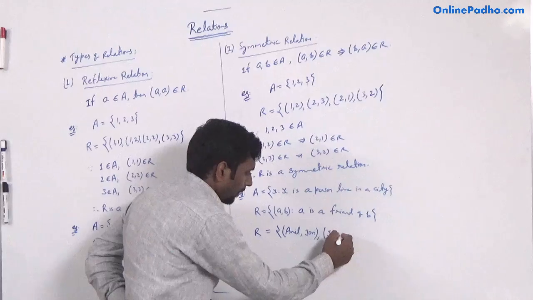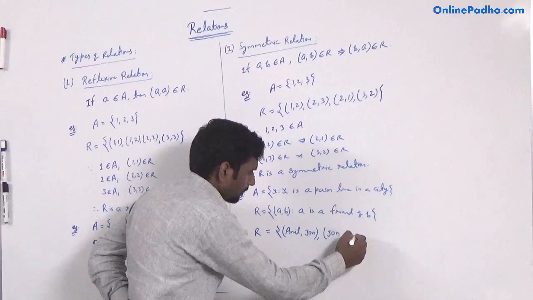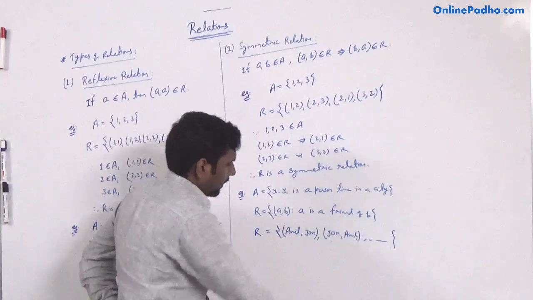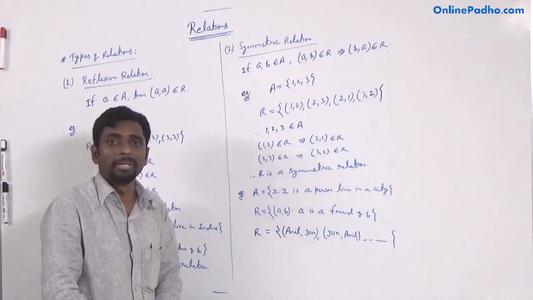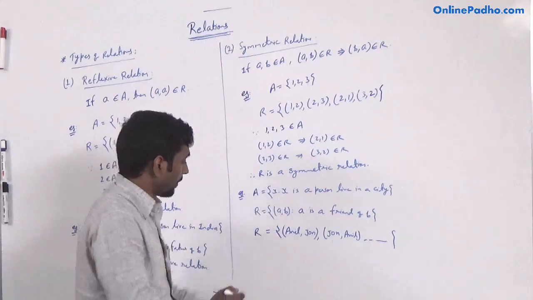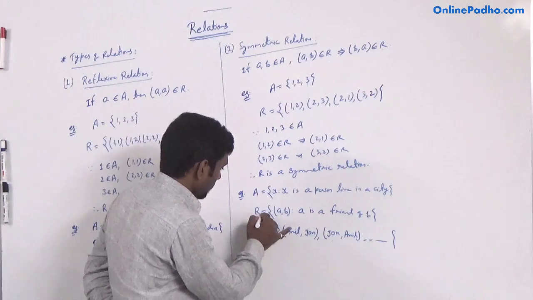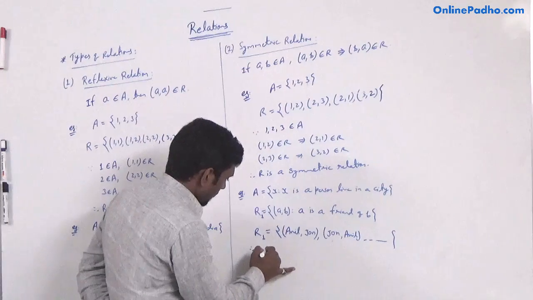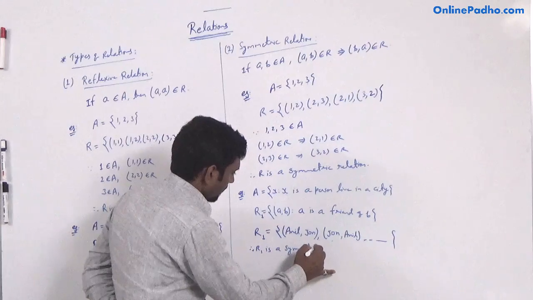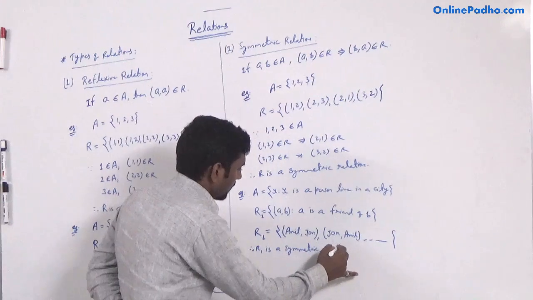Yes, these are also friends. Both are satisfied in this relation. You can take many elements in this, infinite elements. This is a relation, and this is a symmetric relation. Therefore, we can consider this as R1. Therefore, R1 is a symmetric relation.